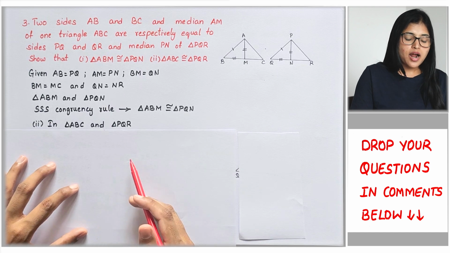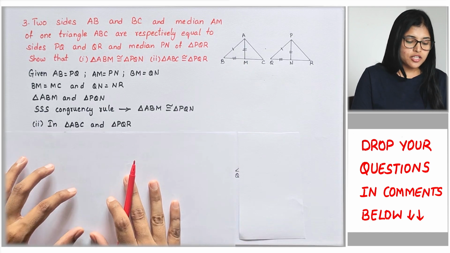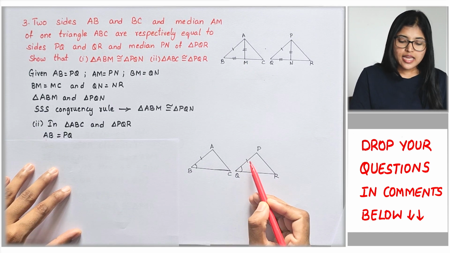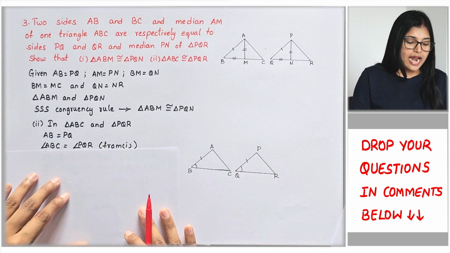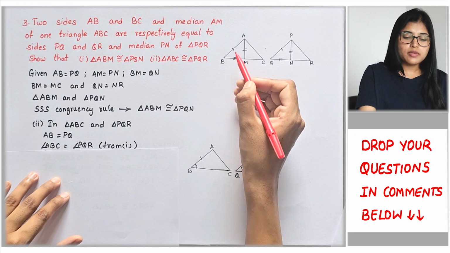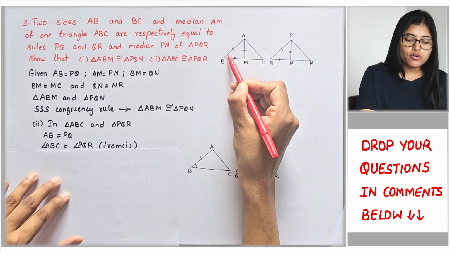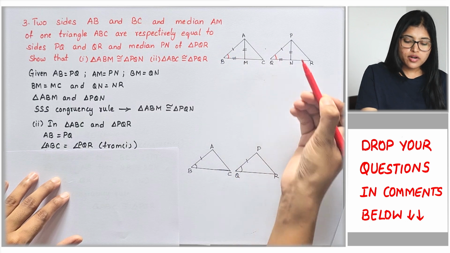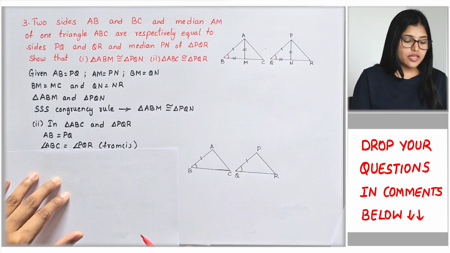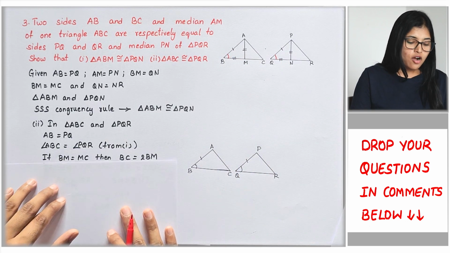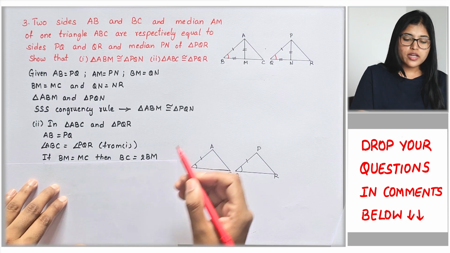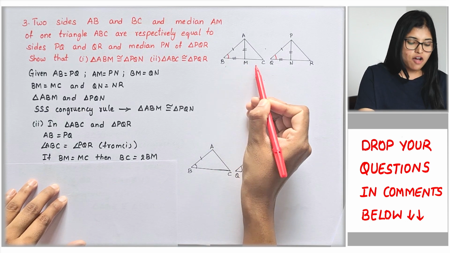Now for the second part, consider triangle ABC and PQR. Here I know that AB equals PQ, and I know that the corresponding angles B and Q should also be equal because we have proven these two triangles are congruent. So I can write that. Now here BM equals MC, right? So this half and this half are equal.